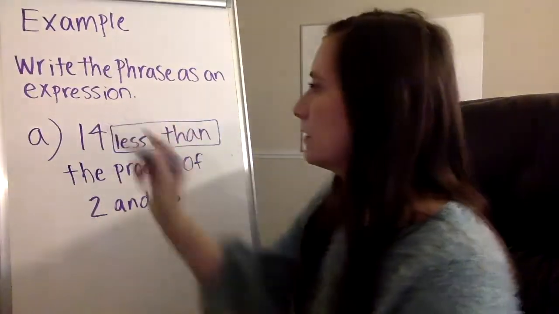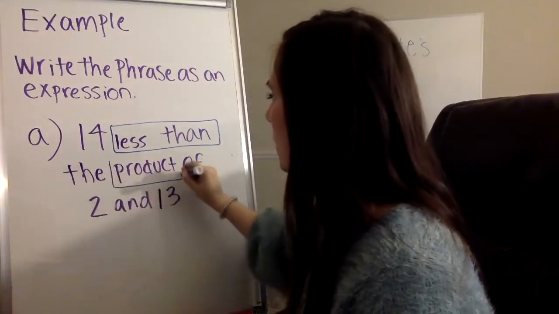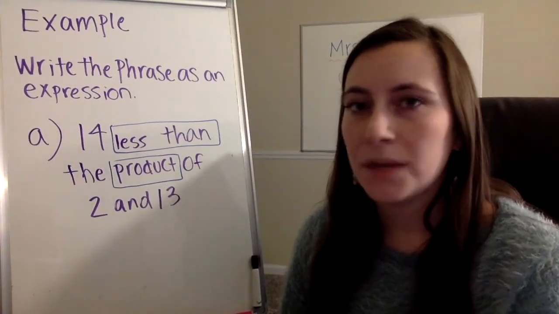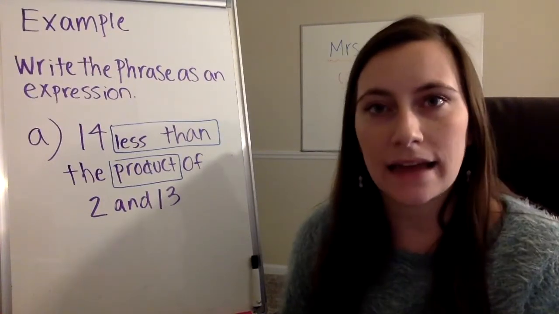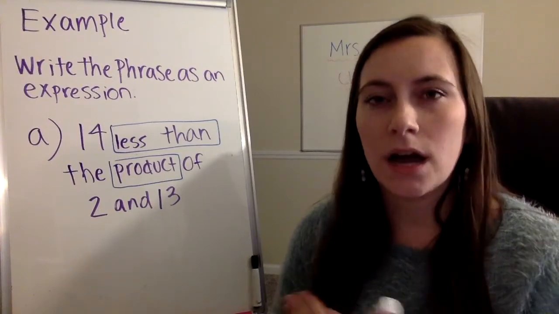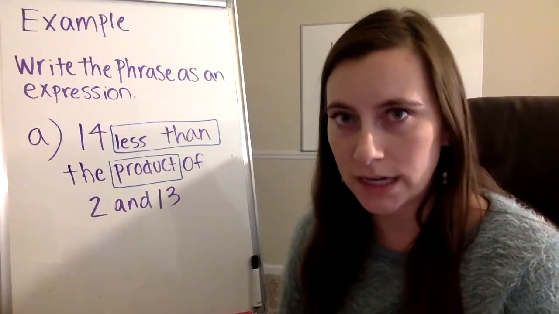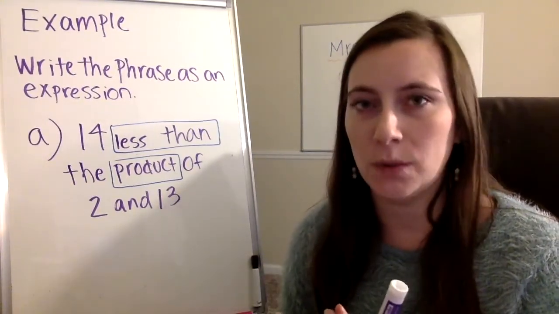Less than means to subtract. Product means to multiply. But if you remember from our last example, whenever we see less than, the order switches. We're not taking the product of 2 and 13 away from 14. We're taking 14 away from the product of 2 and 13.